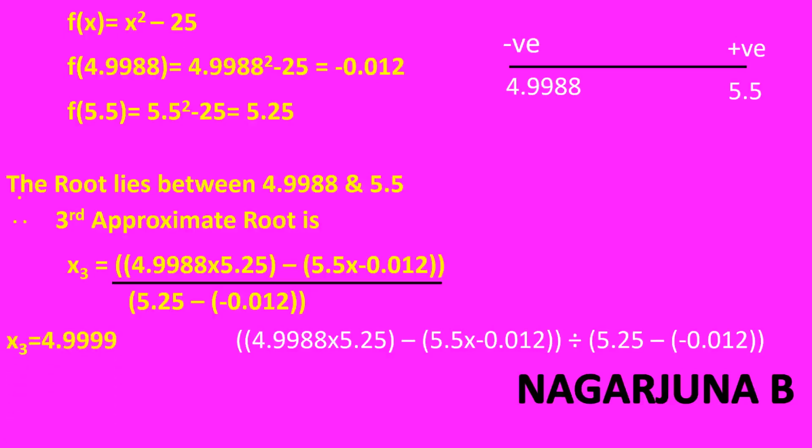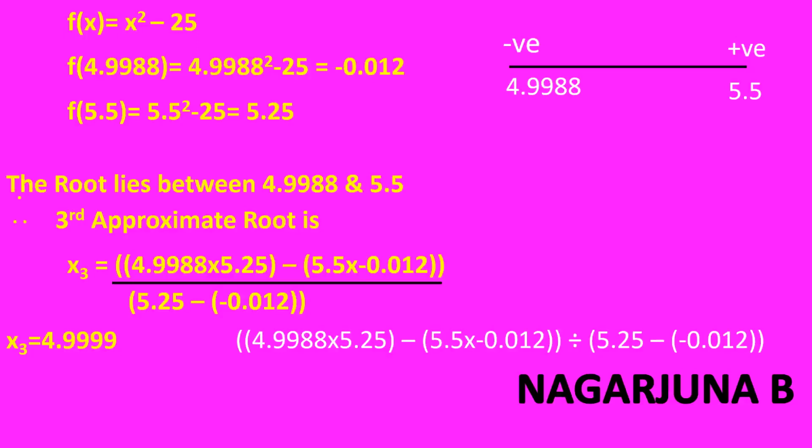You will get the answer as 4.9999. This one we get after rounding off to 4 significant digits after the decimal point. That means after the decimal point you need to consider 4 significant digits.